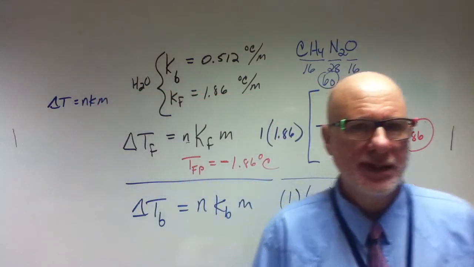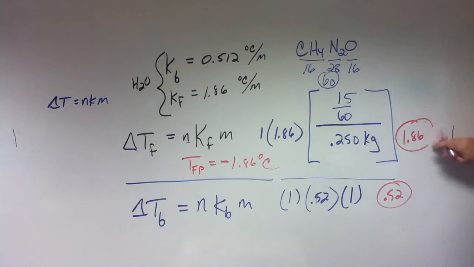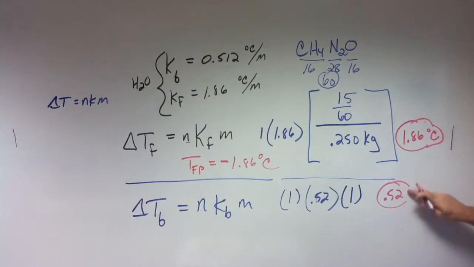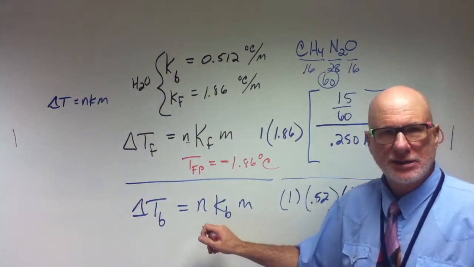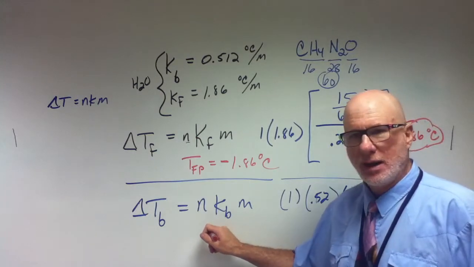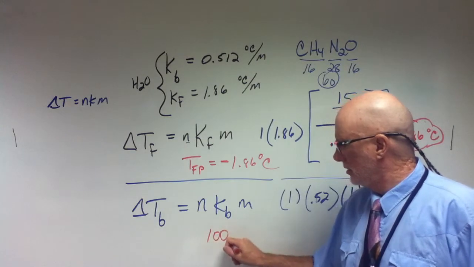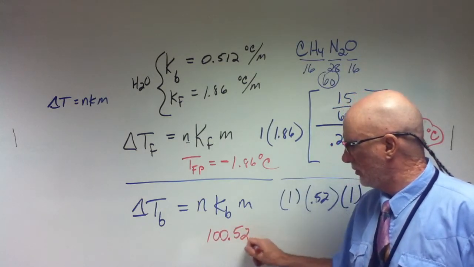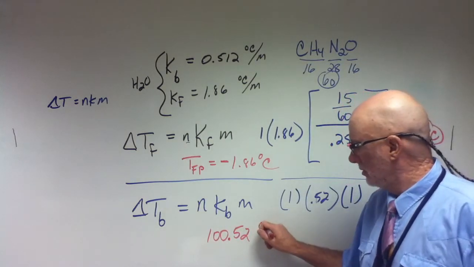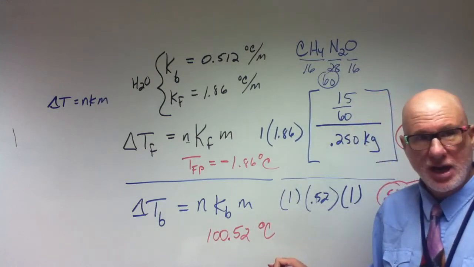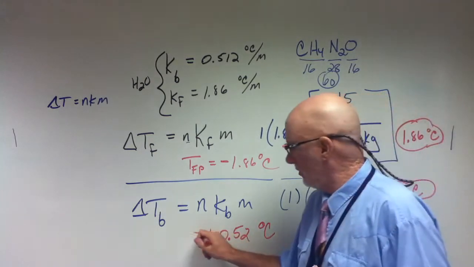Correct? Because we know that's going to be the depression, and that's the elevation. So the boiling point here is going to be 100.52, right? Yes or no? Excellent.